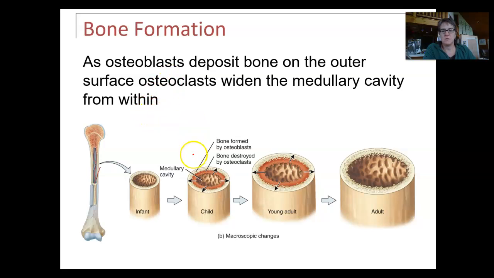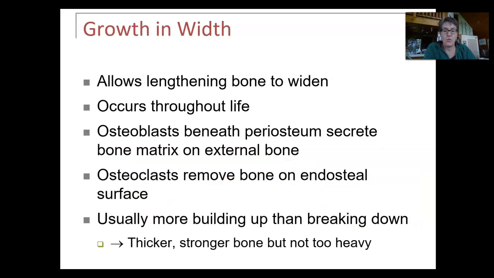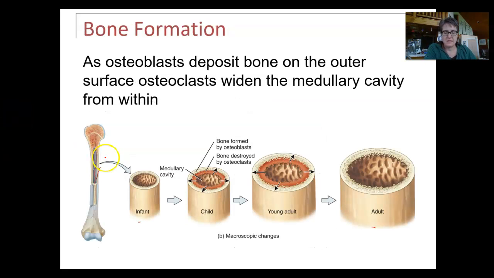Bone formation. As an infant to an adult, your bones are going to be a lot bigger, a lot thicker, and they're going to be growing in both directions. Osteoblasts are going to make bone matrix on the outside as this medullary cavity that was here is moving along through growth.